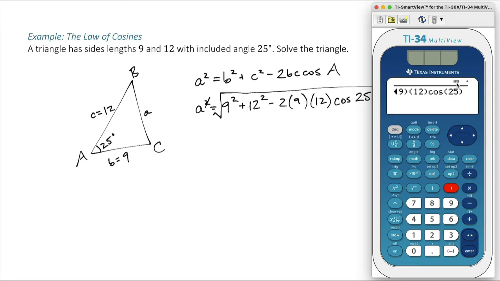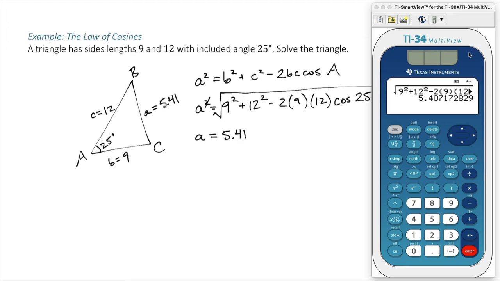I am in degree mode here in the calculator, so I know that the calculator will interpret that as 25 degrees. And we hit enter, and that tells us a. I'll go ahead and round to 2 decimal places here. So a is about 5.41. Okay, now I've got all sides of my triangle.